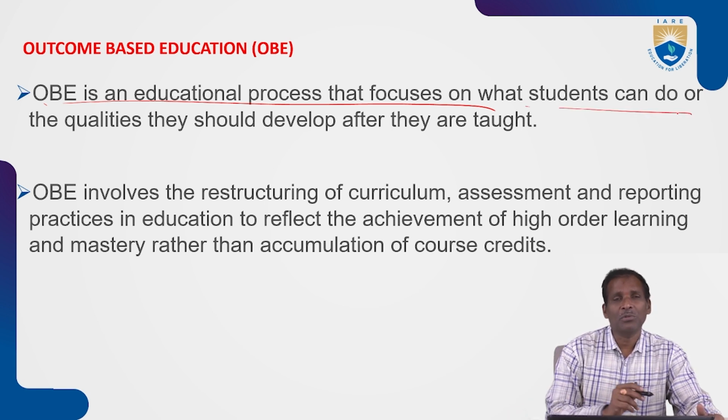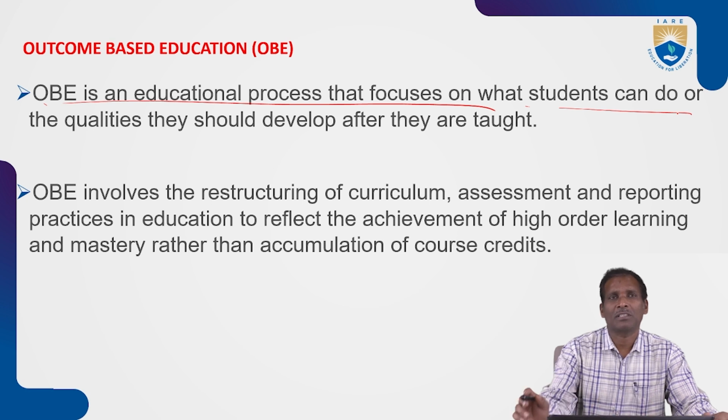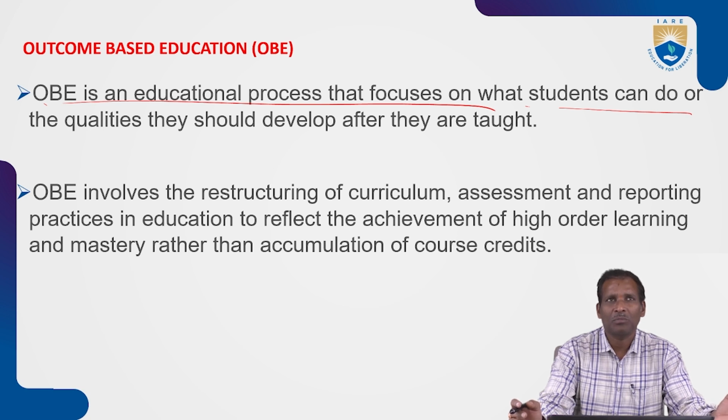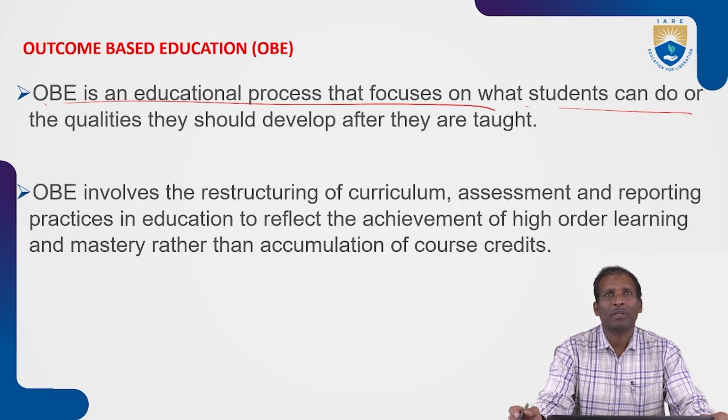What students can do after completion of all these modules, those qualities we should build. The type of qualities we have to build is the main focus of this outcome based education.